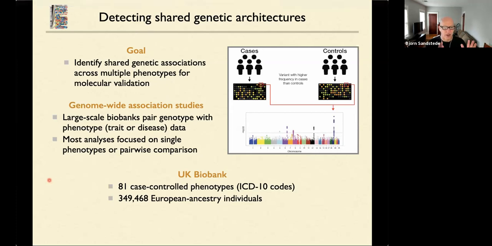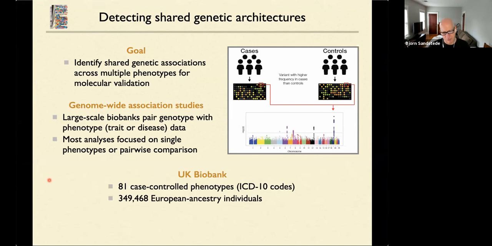They typically do genome sequencing on individuals, not necessarily the entire genome, but a large part of it. And then at the same time, they link this with medical data. In our case for the UK Biobank, that was ICD-10 codes, which are not really diagnoses, but billing codes for what kind of medication people get.